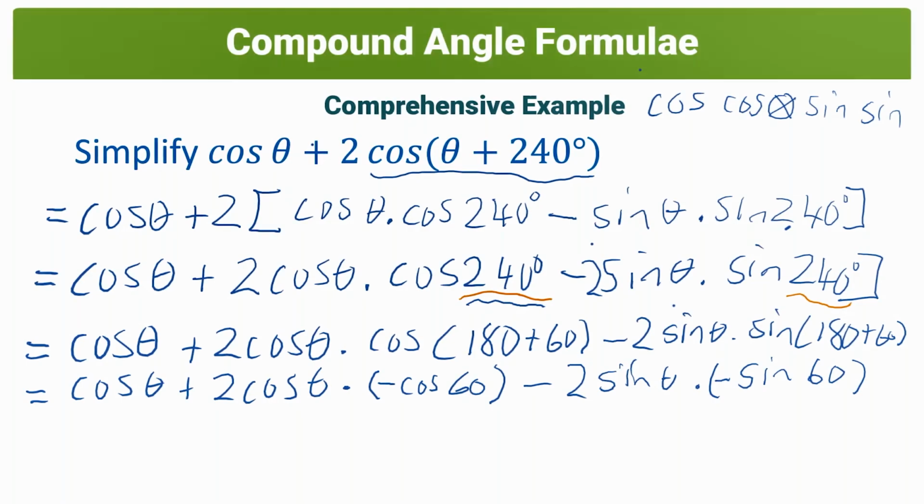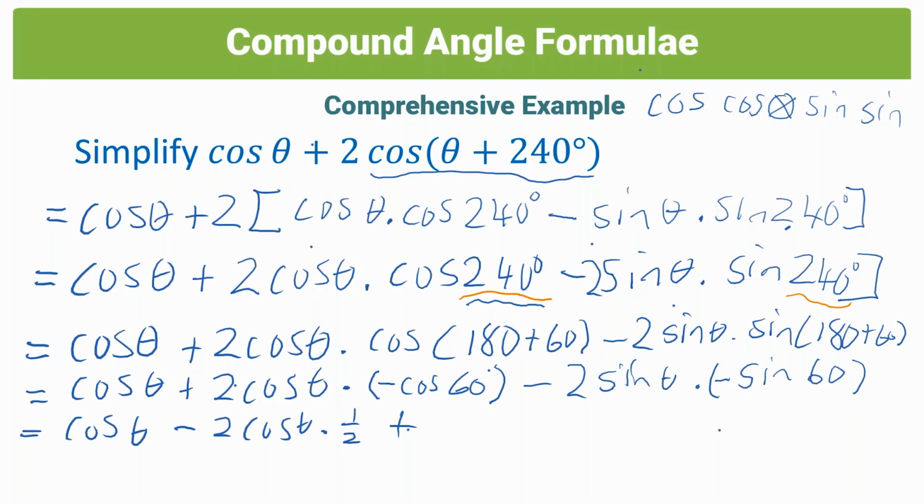So now we can replace these with our special angles over here. So that's going to give us cos theta plus 2 cos theta. I'd rather take out the negative in the first place. So just erase that there and take the negative there. So it'll become minus 2 cos theta times cos 60, which is a half, right? And that's going to be plus now, because I'm multiplying in my negative, 2 sine theta times sine 60, which is root 3 over 2.